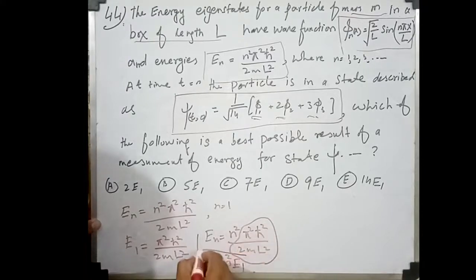So the relation for the energy of each state will become En equal to n square E1.